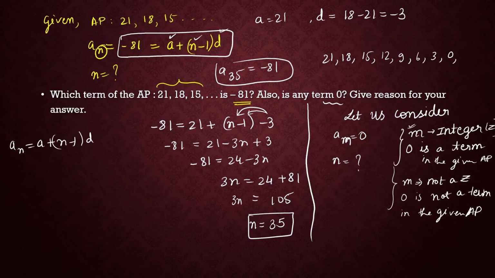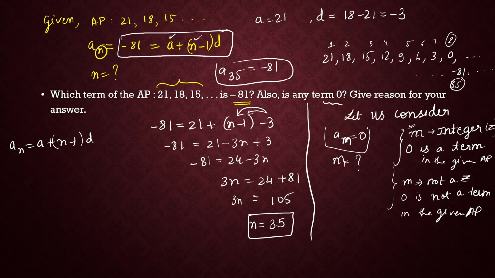When I solve this question, m must be an integer, and the value of m will turn out as 8. And if I continue this series, then in the 35th position, the value is minus 81. So that is it. Okay, so now let's continue.